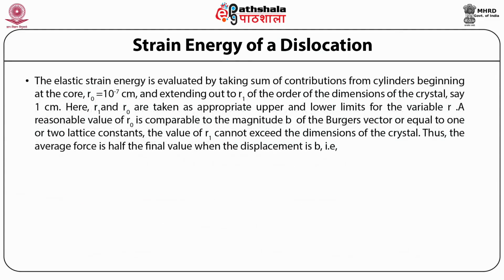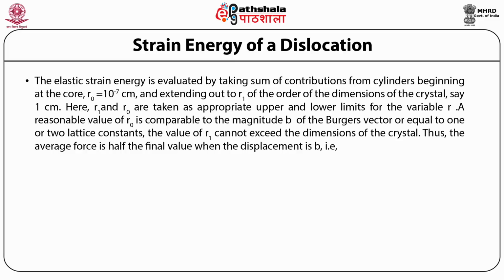The elastic strain energy is evaluated by taking the sum of contributions from cylinders beginning at the core, rho equal to 10 raised to the power minus 7 centimeter, and extending out to R1 of the order of the dimensions of the crystal, say 1 centimeter.